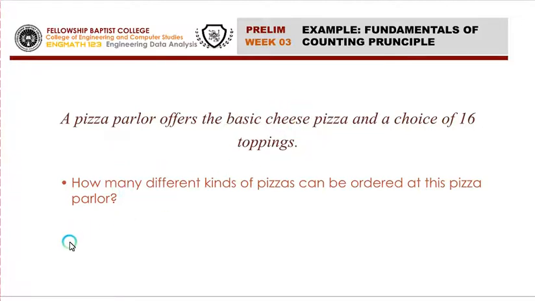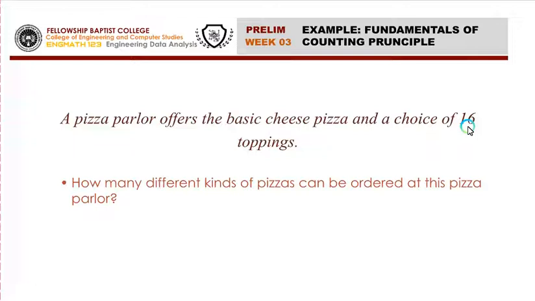You can order just that pizza with no toppings, or with just one topping, or with two possible toppings, depending on your choices, or 3, or even all 16 toppings on your pizza. The question is, how many different kinds of pizzas can be ordered at this pizza parlor?